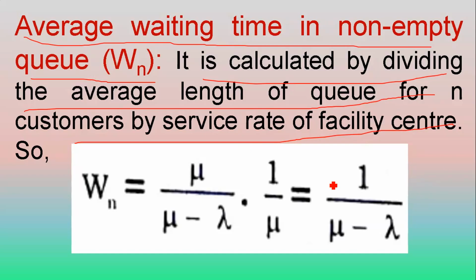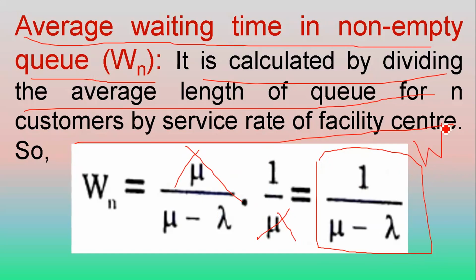That is actually a ratio, but we have taken the multiplication because mu upon mu minus lambda divided by mu, this will be cancelled, and the final formula will be 1 upon mu minus lambda, that is for WN, right?